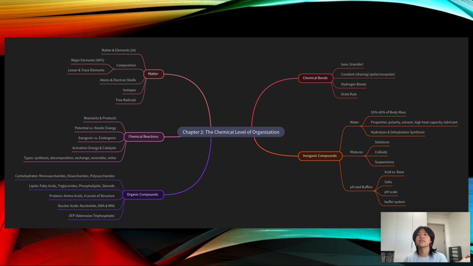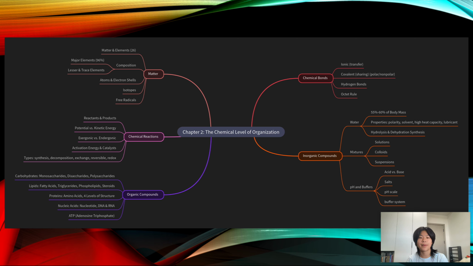Secondly, we'll talk about the different types of chemical bonds, mainly ionic, covalent, as well as hydrogen bonds. Then we'll be looking at chemical reactions, specifically types of energy, types of chemical reactions, and we'll look at some specific examples for each.